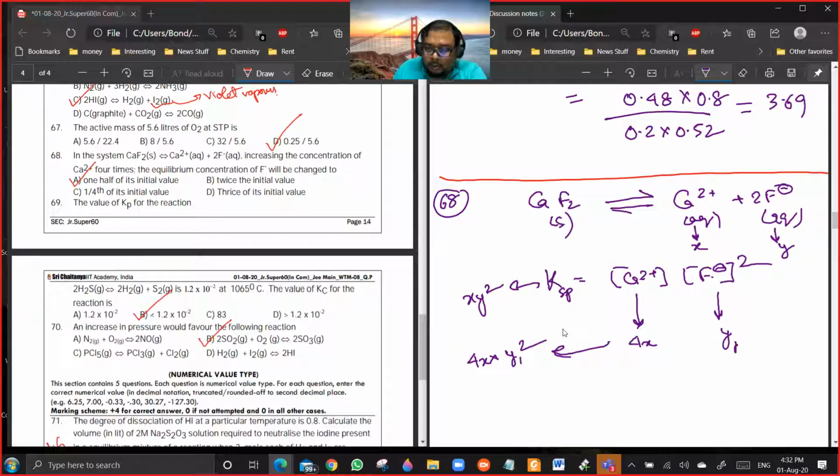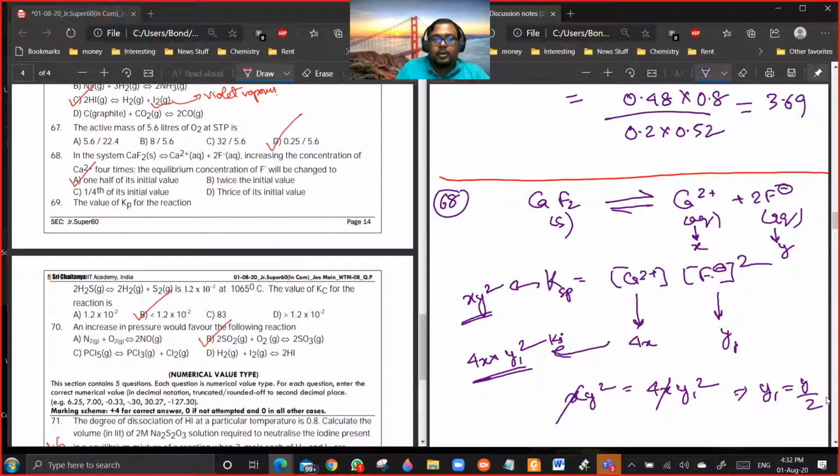Yes or no? Both equilibrium constants will be same because the temperature is same here. There is no change in temperature. Are you getting my point? So this and this will be same. So if I am writing XY square is equal to 4X Y1 square, then Y1 is equal to Y by 2.